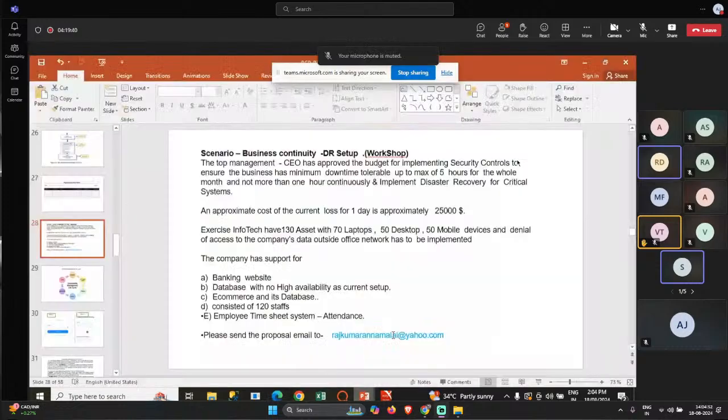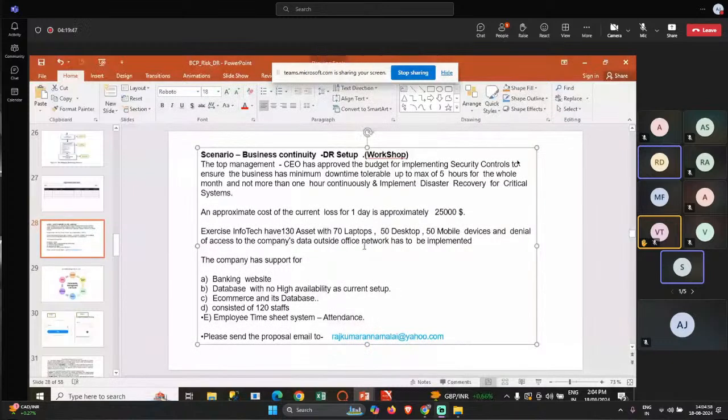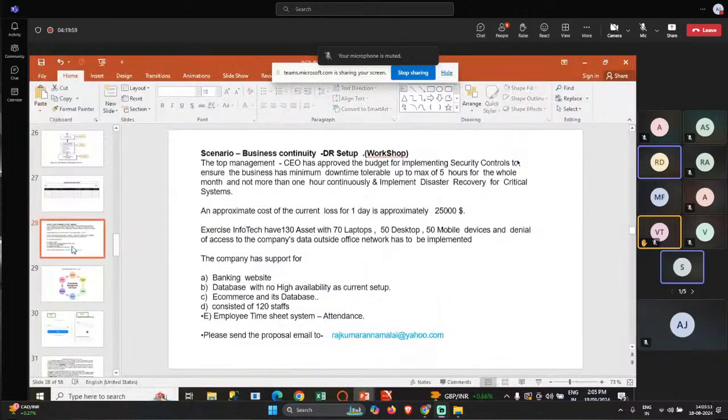This here on the screen is the scenario, the situation and what you need to prepare. What are the controls? See here, budget for implementing security controls. What are the security controls that you will implement? What is the risk that you have identified because of this situation? Guys, I'm repeating the same thing for the fifth time. Is it clear or not clear?